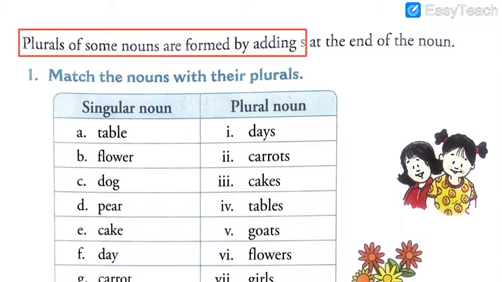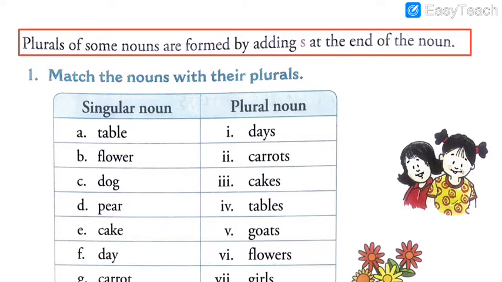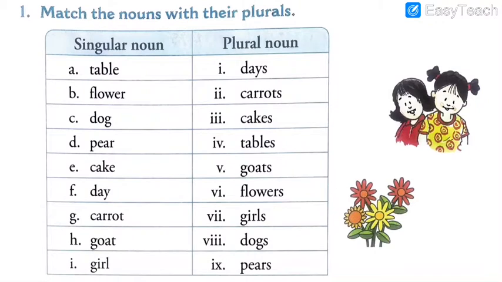So, how can you make singular and plural? There are different ways of making the noun singular to plural, but here they have said that plural of some nouns are formed just by adding s. So, let's match the column in this way.